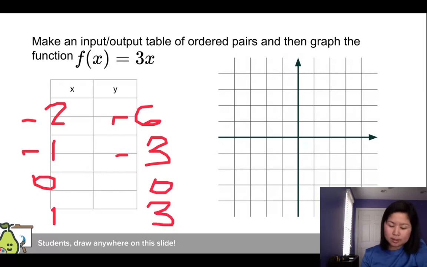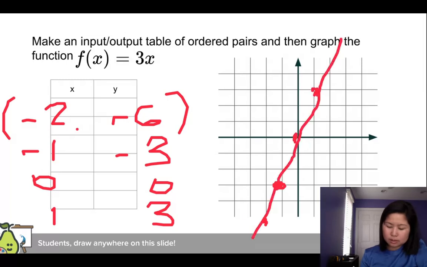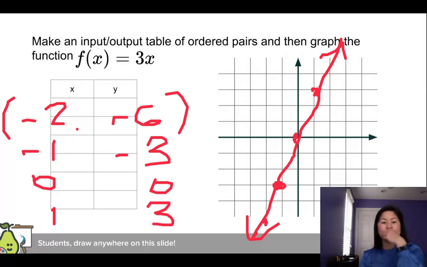And then we can plot it. You can turn this into ordered pairs, so negative 2 at negative 6, somewhere down here, negative 1 at negative 3, 0, 0, and then 1, 3. So this is how you can graph this function. It's okay if the line is not straight, but there are two ways you can do it. You can graph straight from the equation or choose random points and then plot those points on the graph. That would work.